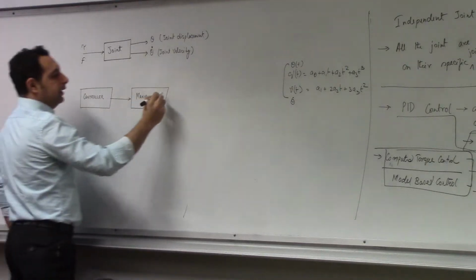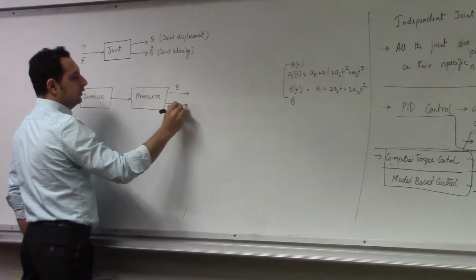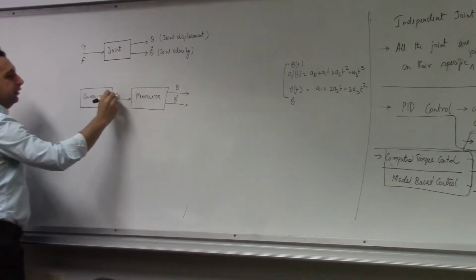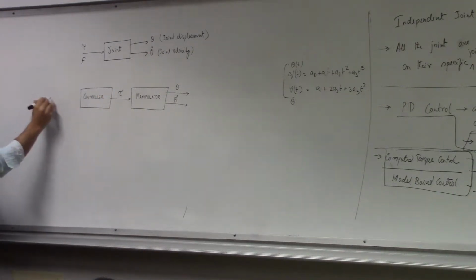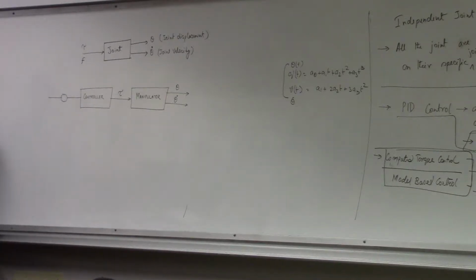The manipulator will generate two things, theta and theta dot. The controller will give it a torque like this.